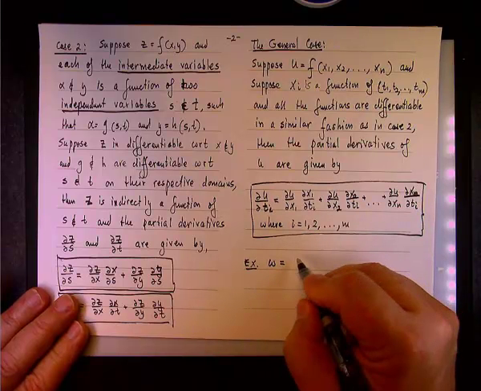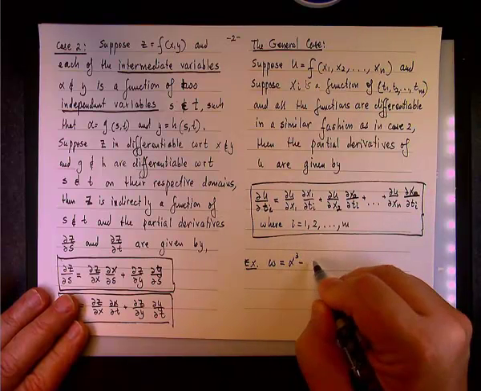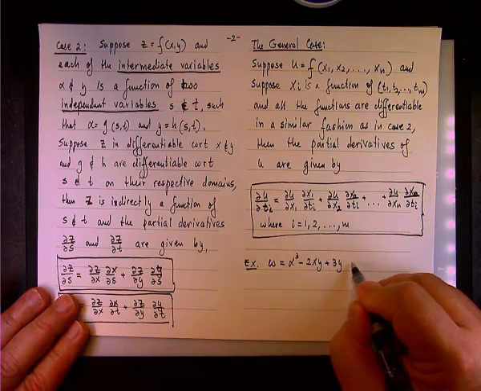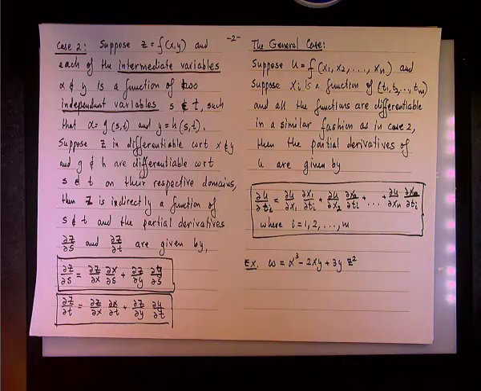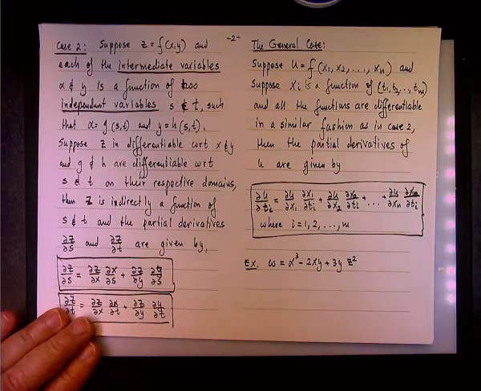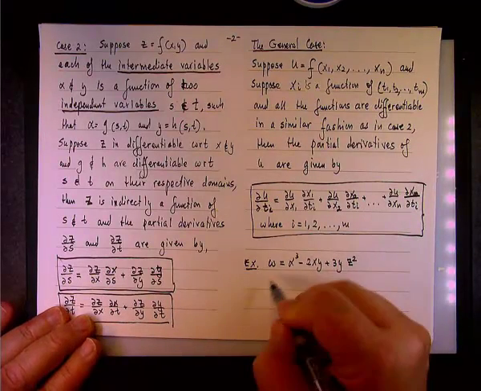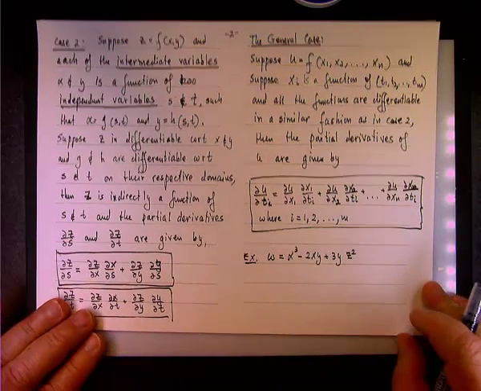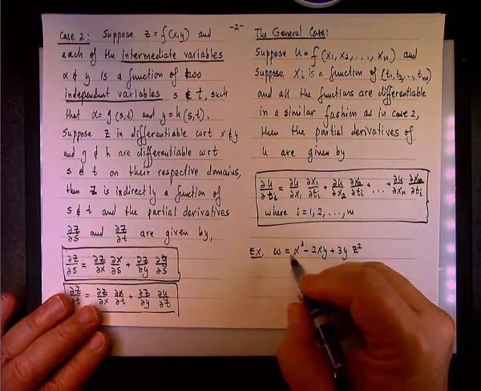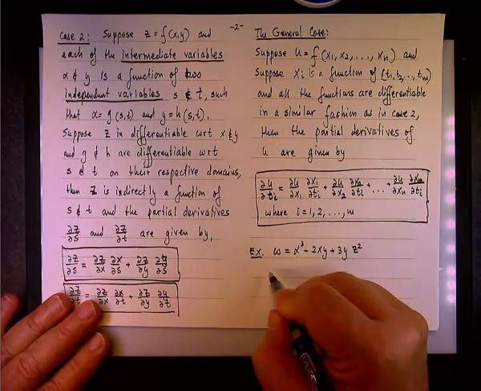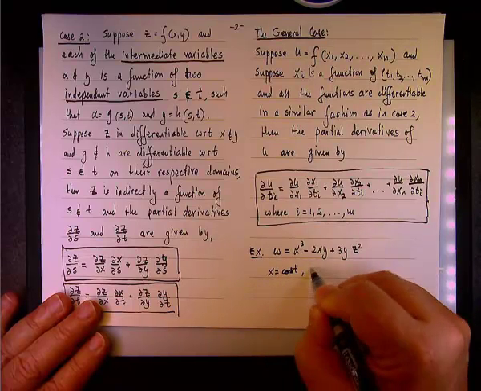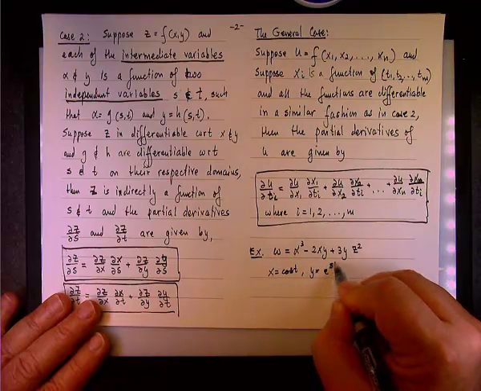Okay, so here's an example. I'll pick an example. w equals x cubed minus 2xy plus 3yz squared. Okay, and now we need an expression for x, y, and z in terms of s and t. So, unlike what I did in the morning, I kind of had to wing this example.